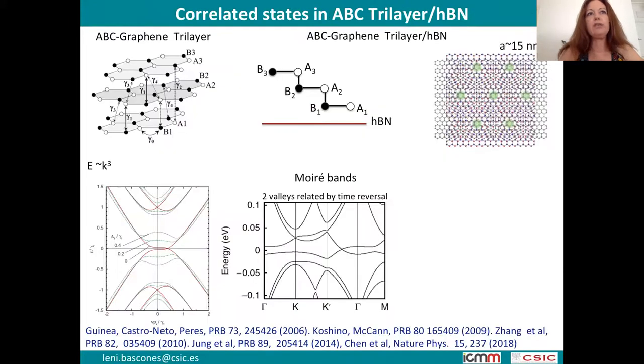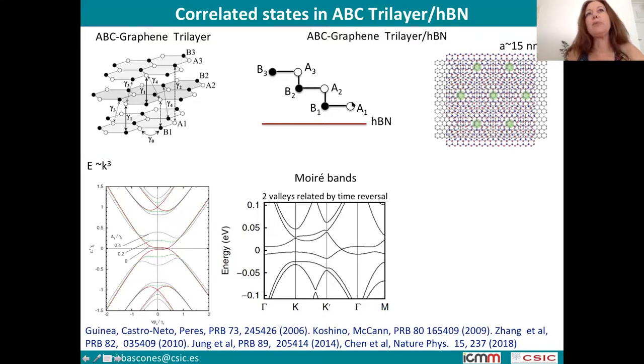So I will start by introducing it more carefully. We start from an ABC trilayer graphene, where ABC is associated with the stacking of the three layers. Even without the Moiré, the bands are quite flat, because without the trigonal warping they have a half-cubic dispersion.